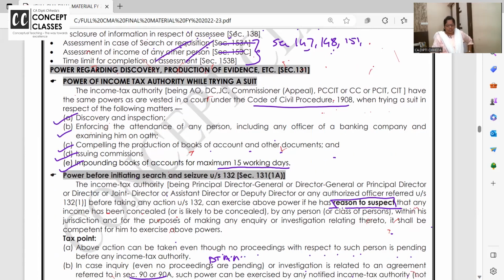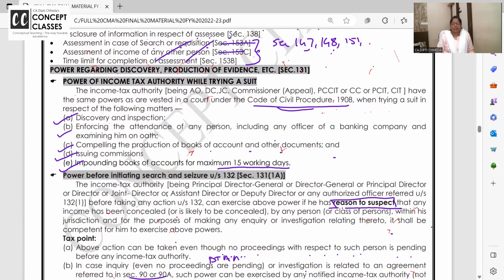As we did search, before the search, what are the powers with the income tax authorities? They have all the powers which are there in the Code of Civil Procedure, that is discovery, inspection. They can try to find out the facts, like where gold is hidden. They can do inspection.